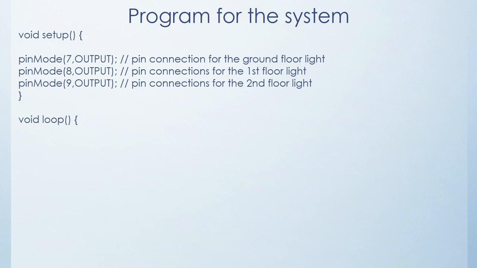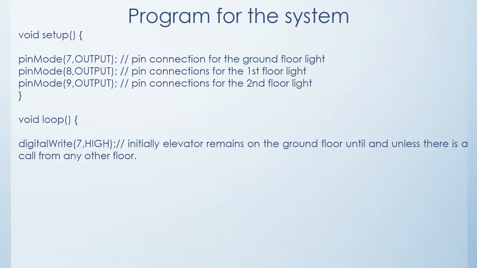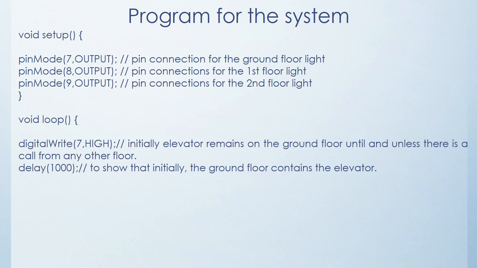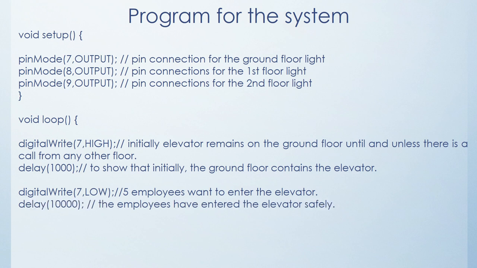Then in the void loop section, you can call the initial case where the elevator is indicated to be present in the ground floor for a small period of time, 1 second. Then, since the elevator will be used by the employees, they will need some time to enter the lift.